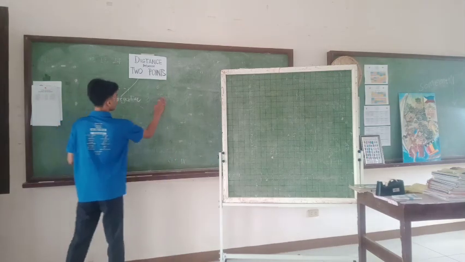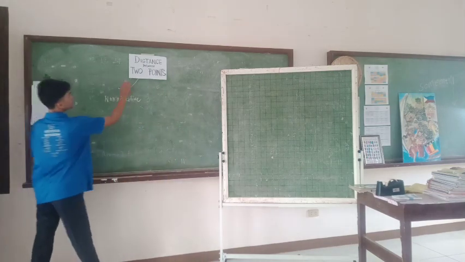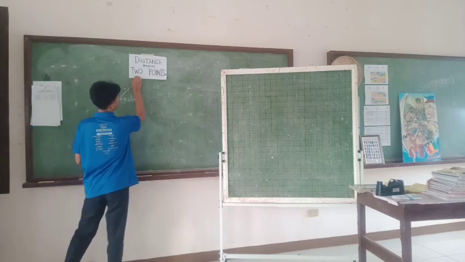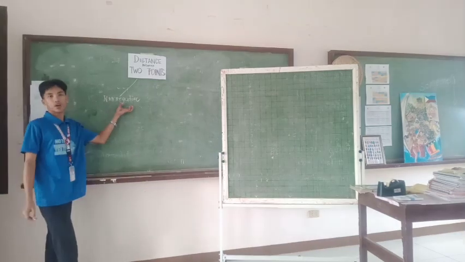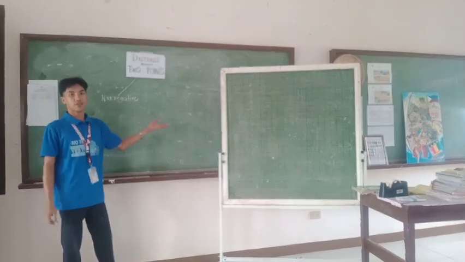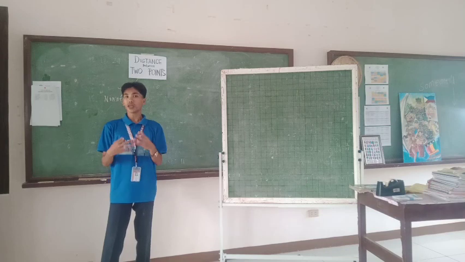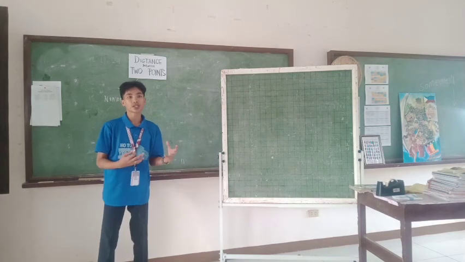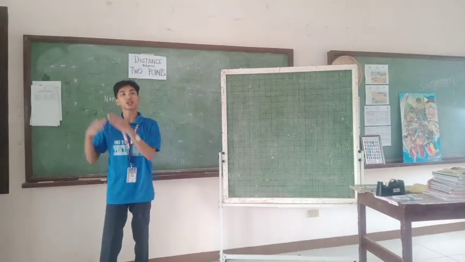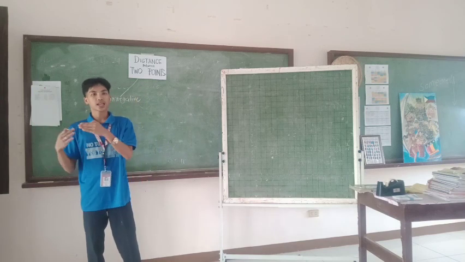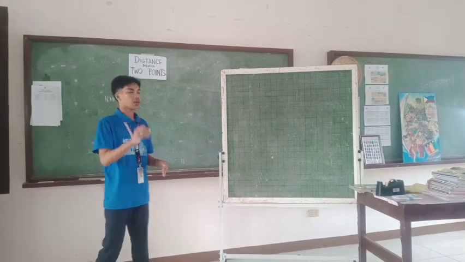If P and Q are the 2 points, then the distance from P to Q is the same as the distance from Q to P. Thus, PQ is equal to QP.